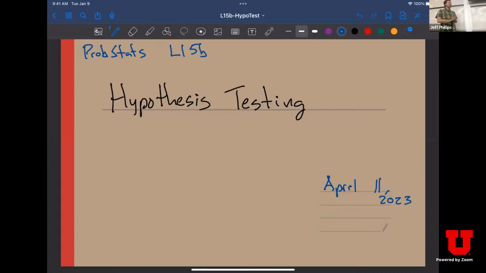I will say these things are a bit less straightforward and direct than the probability calculations, and they're a bit trickier to understand and apply. I'll try not to rush through this.